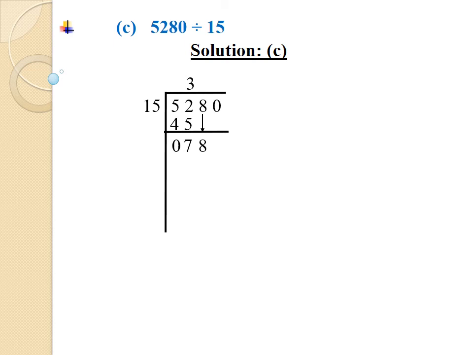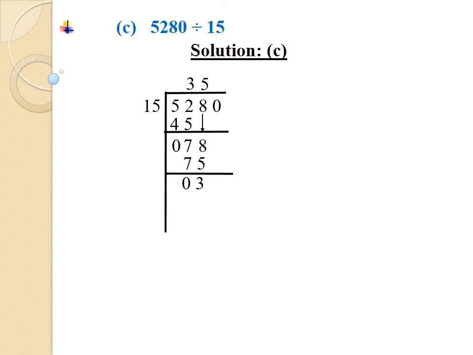So, we have to take 75 and we have to write the second factor 5 in the quotient and the product 75 below 78. Now we have to subtract 75 from 78 starting from right side. Thus subtracting 5 from 8 we get 3 and subtracting 7 from 7 we get 0.